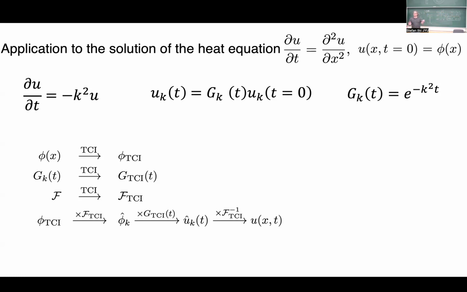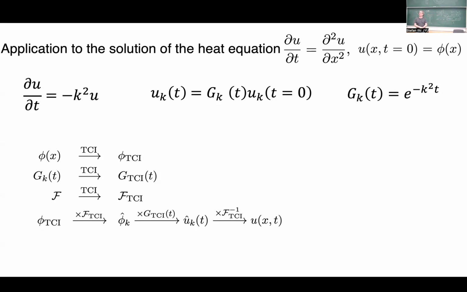Then you do MPO, MPS multiplication with FFT to get u of k at t equals 0. This kernel, just give it to TCI at a given time, as a function, so it's an MPS versus k.